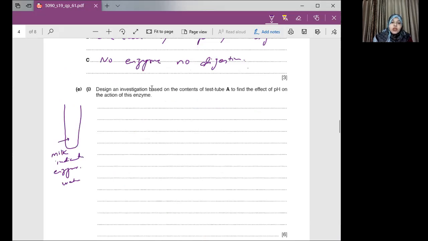Here they are saying you have to find out the effect of pH on the action of this enzyme. It means we have to change the pH to get the result, okay?